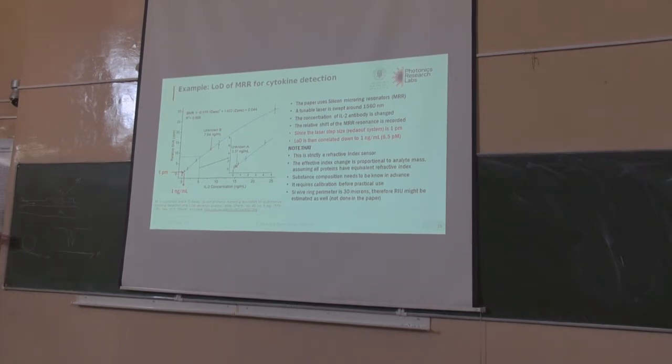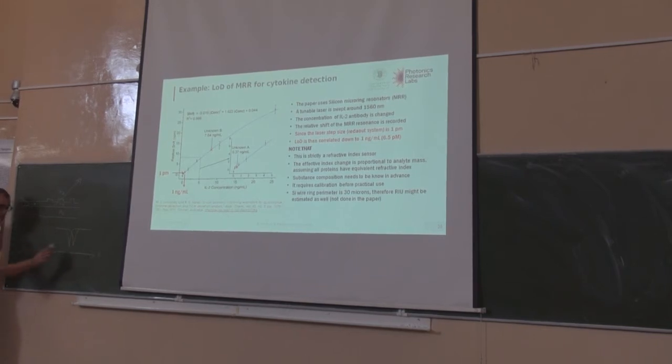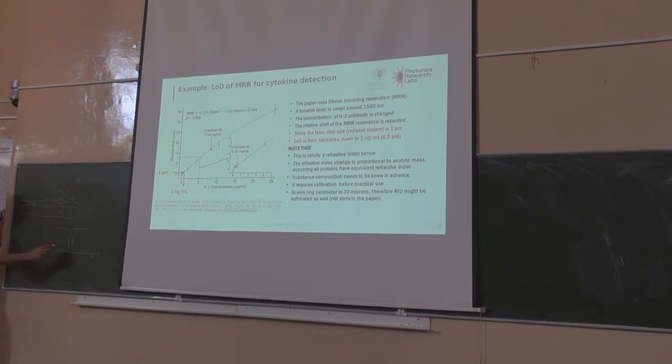So a ring can also be a sensor. If you change the temperature, this peak will move. If you put something on top of it, it will change the refractive index, and this will move. So if you are scanning with a tunable laser and determining the position of this, if you see this moving, you can tell how much of something happened here at the top.